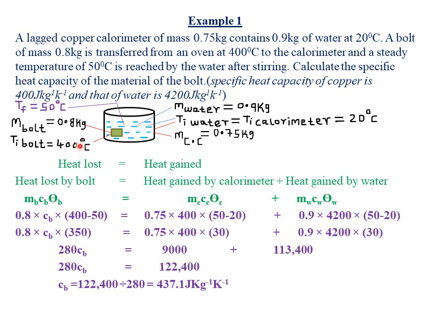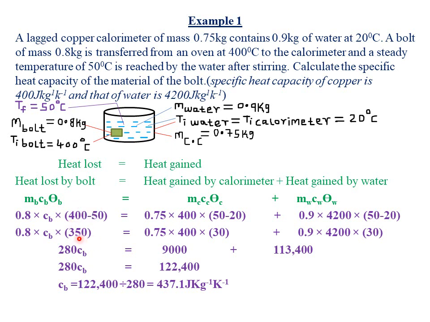So the change in temperature for the bolt is 400 degrees Celsius minus 50 degrees Celsius. So we have 0.8 times the specific heat capacity of the bolt multiplied by 400 minus 50, which gives 350 Kelvin or 350 degrees Celsius.